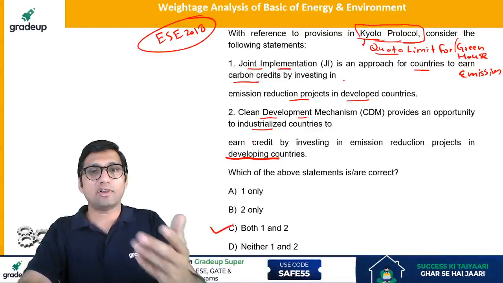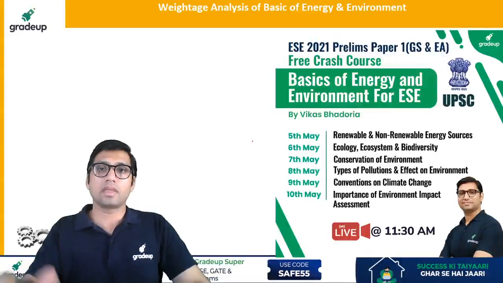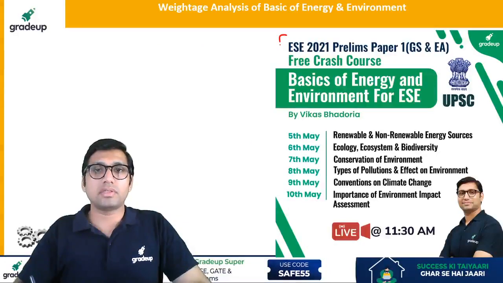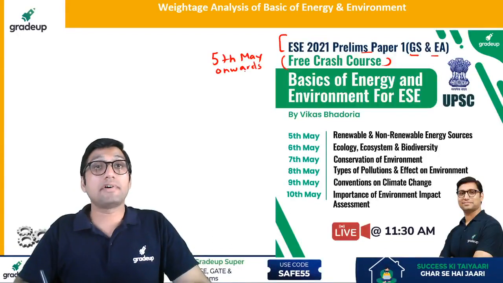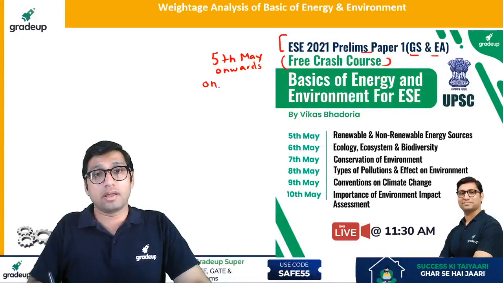So I would like to tell you about this free crash course series, the ESE 2021 Prelims Paper 1 series for General Studies and Engineering Aptitude. It is going to start from 5th of May onwards on the Gradeup YouTube channel, the same channel on which this video is live right now.